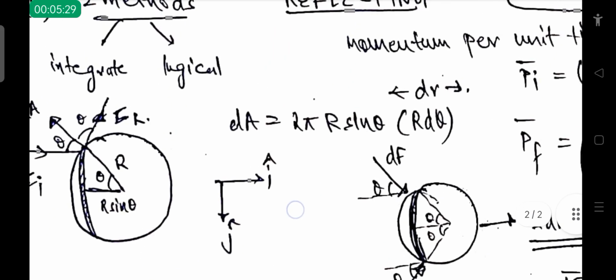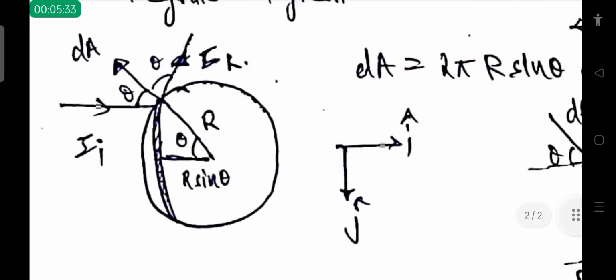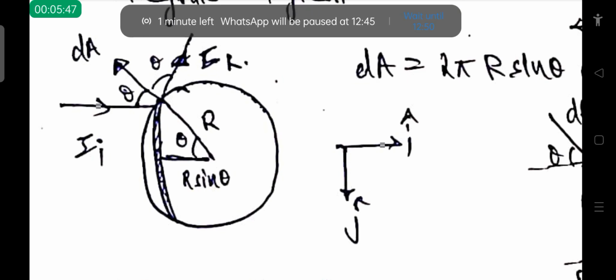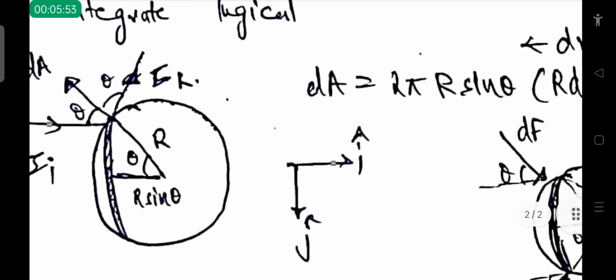Now the sphere is completely reflecting. So what I did here is that first of all, I took a ring, or you can say a disc basically, because it's a sphere. I've taken a disc at an angle theta from the center, and the radius would be r sin theta of this sphere, right?